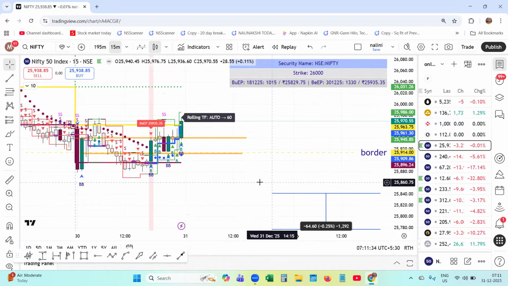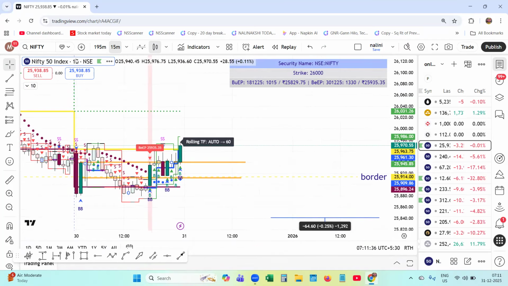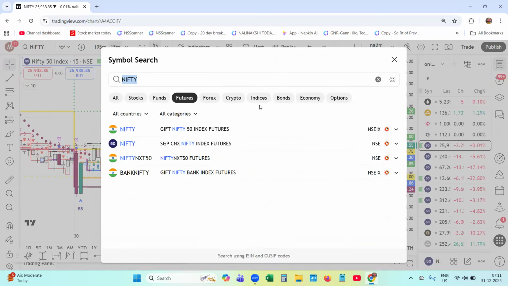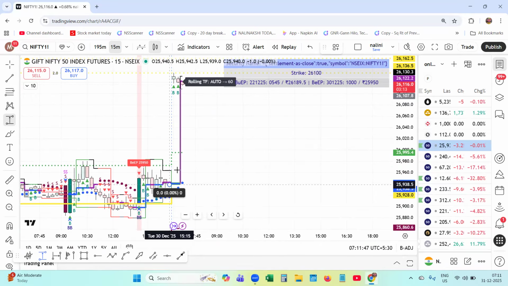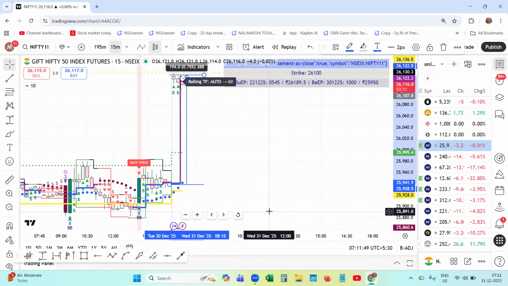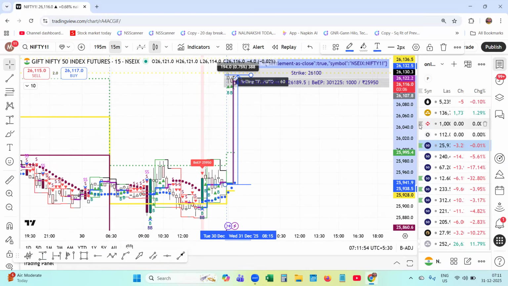Let me go back to the chart, and if I go to the Gift Nifty futures, you can see the price has jumped over here. Jump is almost 194 points on the index.